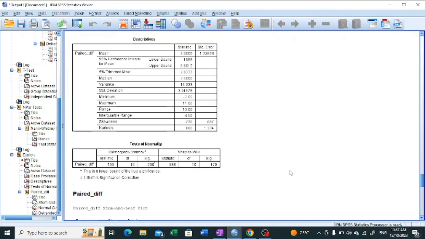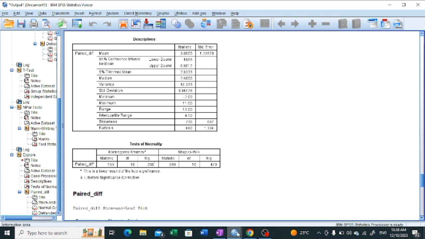So pair differences H naught would be pair differences are normally distributed, and alternative is pair differences are not normally distributed, and following all the steps as usual, we will write down the decision conclusion as: since p-value associated with both KS and SW test are not less than 0.05, therefore H naught is not rejected, and it cannot be concluded that the pair differences do not follow normal distribution. And consequently, as a result of this test, we can now proceed for the paired T test.